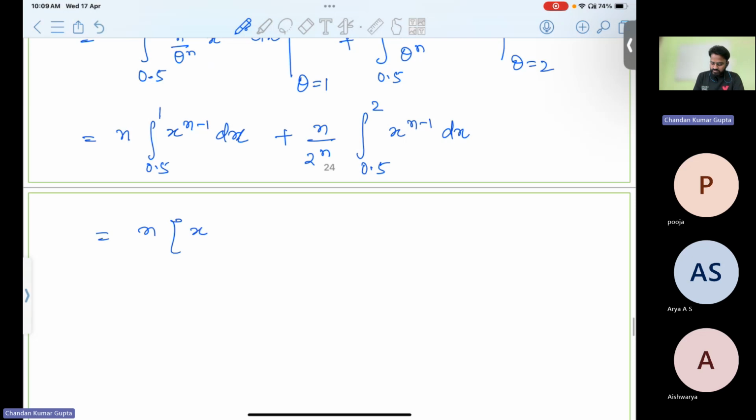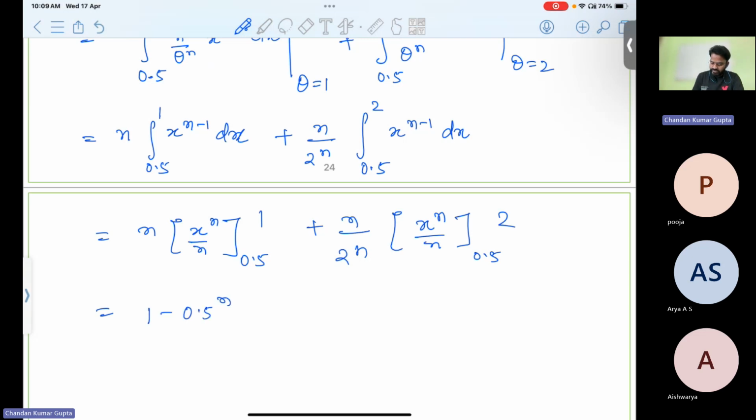Now n x to the power n upon n, from 0.5 to 1, plus n upon 2 to the power n, x to the power n upon n, from 0.5 to 2. So n will be cancelled out. So 1 minus 0.5 to the power n, plus n upon 2 to the power n, and n will be cancelled out here also.